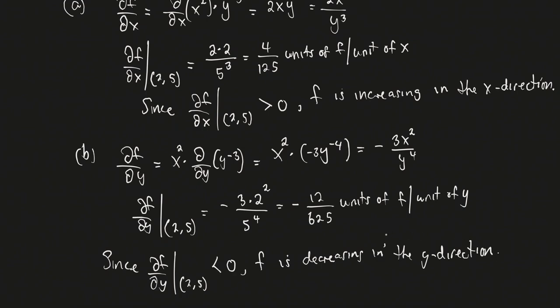Another way you could say it is that the surface is sloping upward in the x direction, but sloping downward in the y direction. Again, that might seem a little strange. How could you do that? Starting at the same point, how could the same surface exhibit that type of behavior?